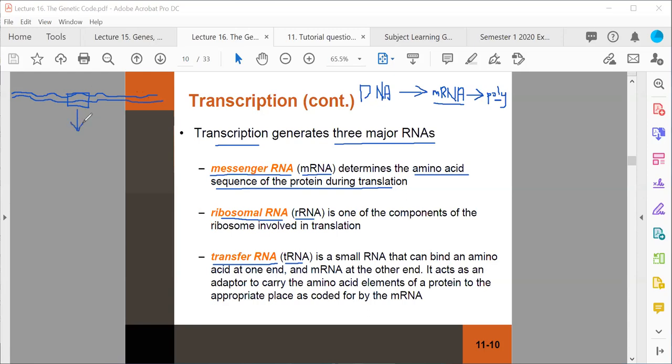So it's going to be transcribed into messenger RNA, and that will be translated into a polypeptide. There's my polypeptide.